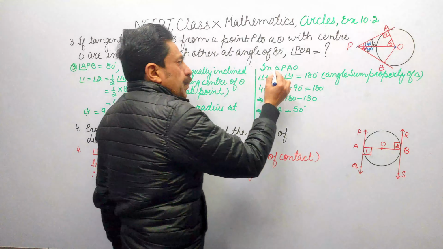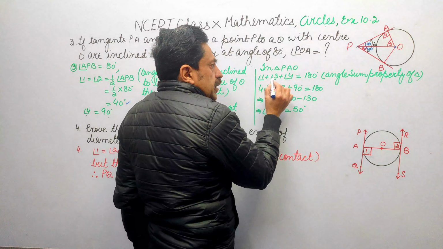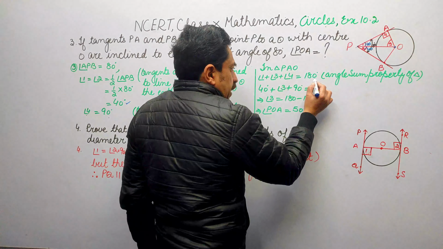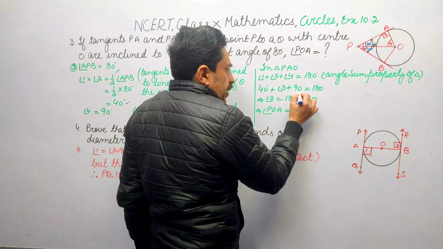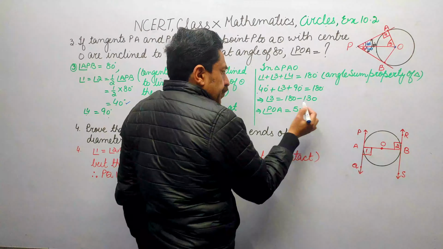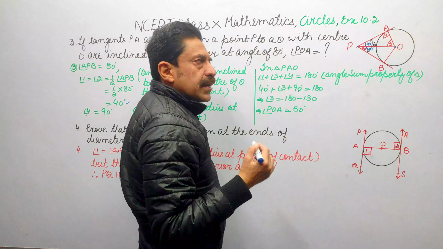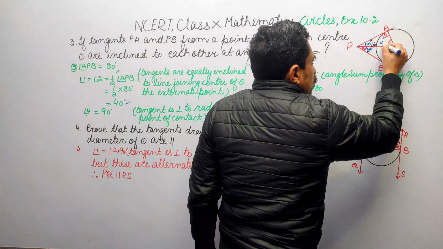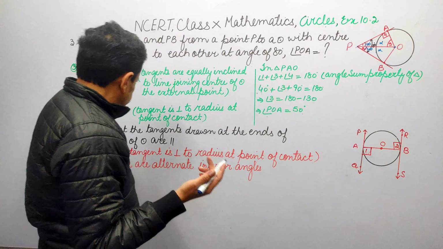In triangle POA, we know two angles out of 3. 1 plus 3 plus 4 is equal to 180 degrees. 1 is equal to 40 and 4 is equal to 90. 90 plus 40 is 130. Transposing, angle POA is equal to 50 degrees. Alternately, we can prove the two triangles congruent and then solve the question.